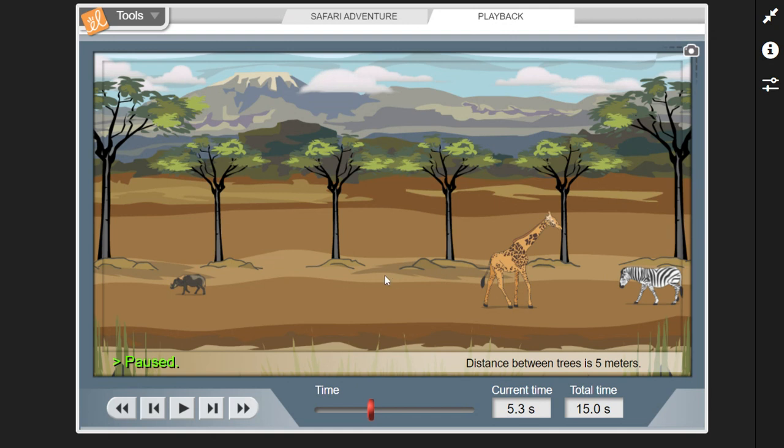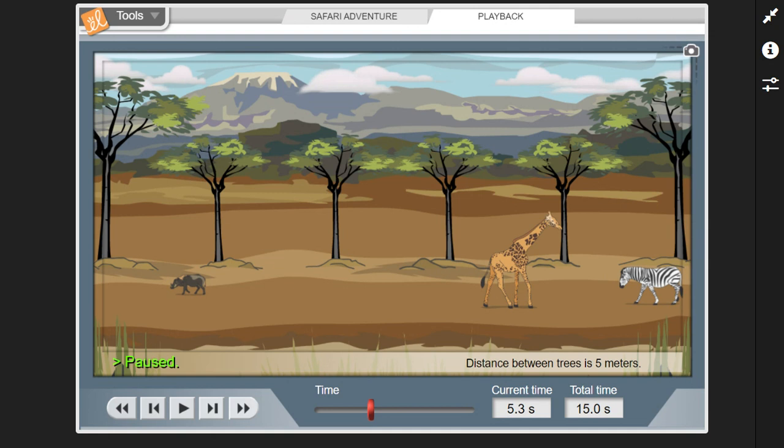So we actually have to subtract those numbers. We're going to do 5.3 was the end time minus 2.5 was the start time. So the giraffe went 5 meters in 2.8 seconds.